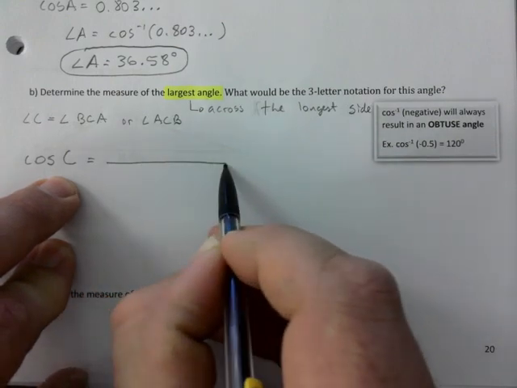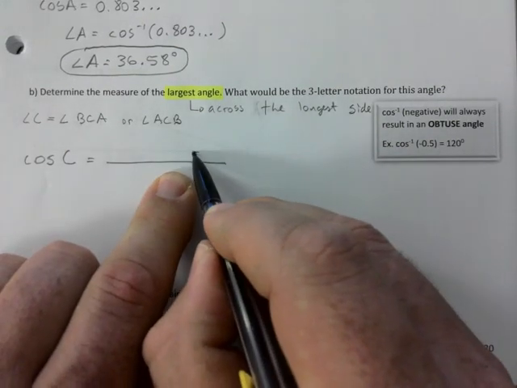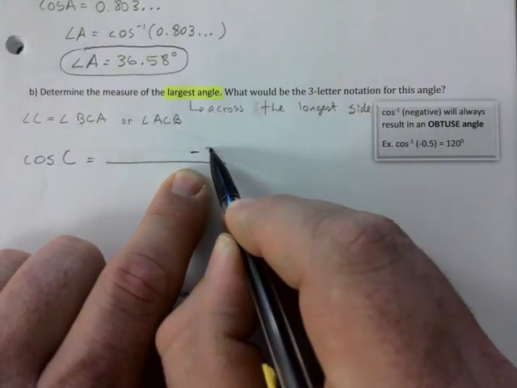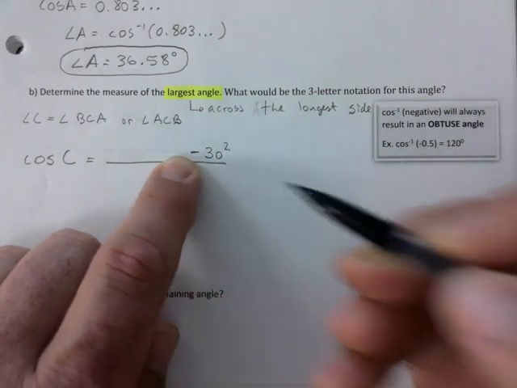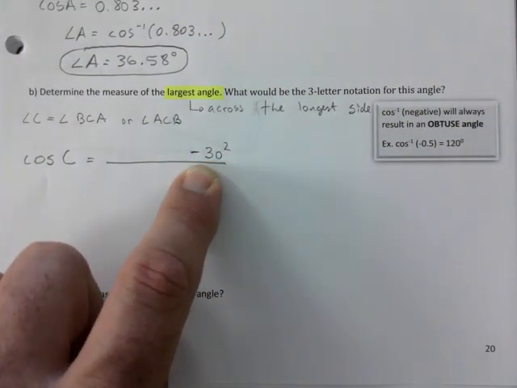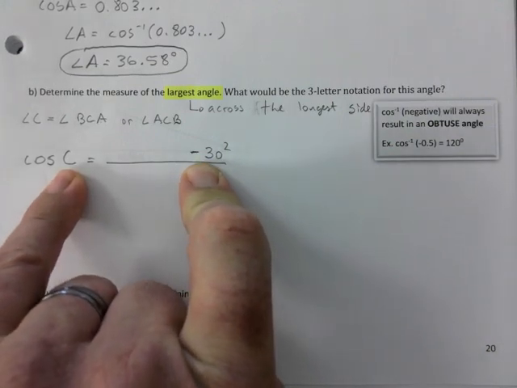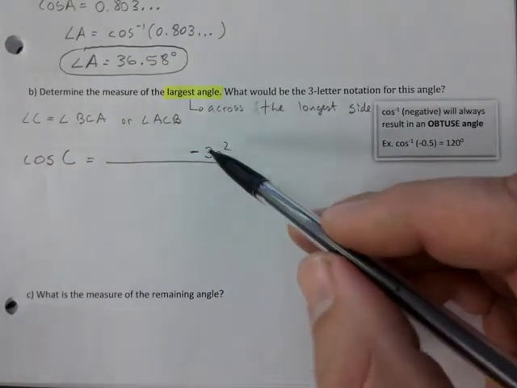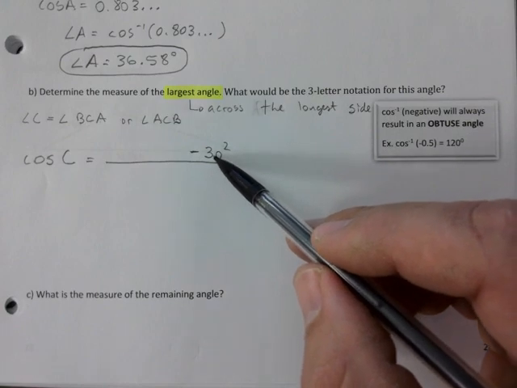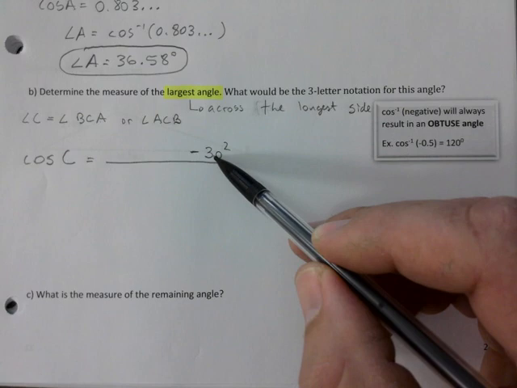The first number I write down is the side that's across angle C, which is 30. So it's minus 30 squared, first number. That tells me that I'm solving for angle C. If I see a number other than 30 here, you get minus 1 right away because you're solving for the wrong angle. You are solving for one of them, but not the one I want, right?